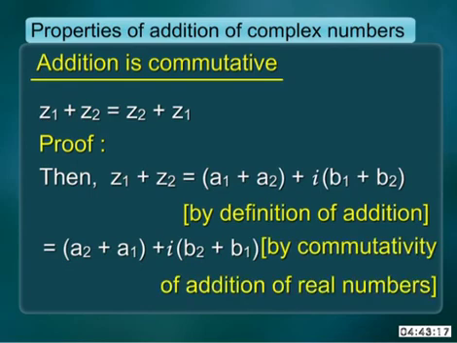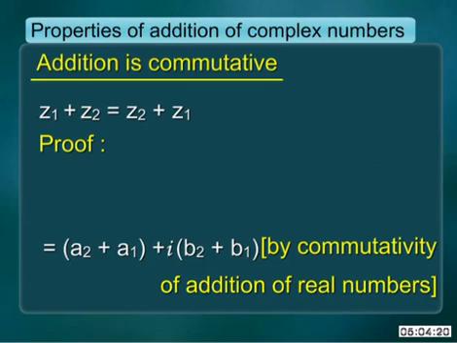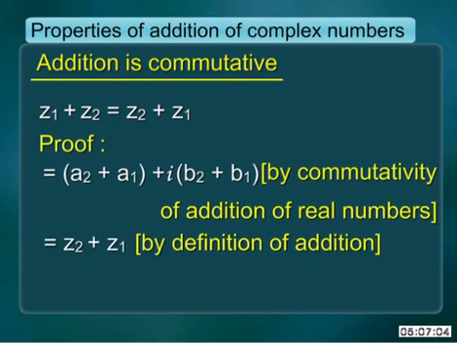Since we know that addition of real numbers is commutative, therefore we get Z1 plus Z2 is equal to A2 plus A1 plus iota into B2 plus B1. Again, by definition of addition, we get Z1 plus Z2 is equal to Z2 plus Z1.